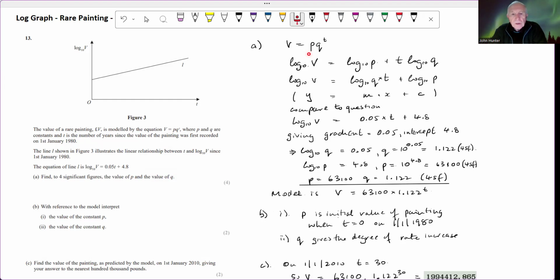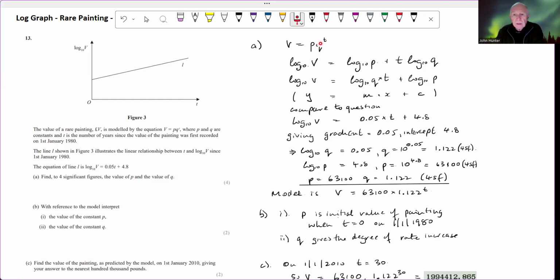So what we would tend to do here is basically convert this into a log graph. So if we take the log, in this case log base 10, of this equation, we could use any base, but we tend to use log base 10 quite often for these.